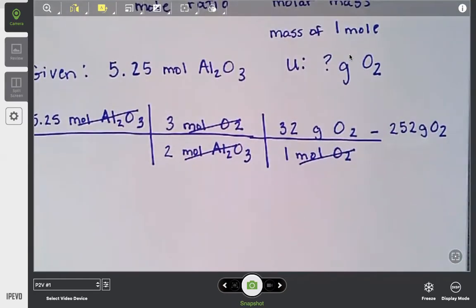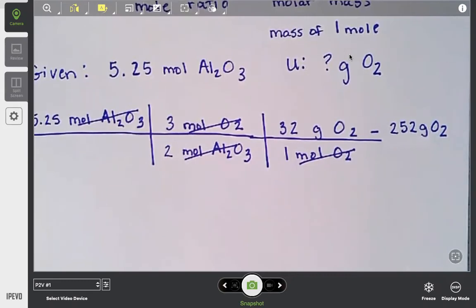All right, I got 252 grams of O2. What about you? Good job. Yes, you got it? Anybody else? Questions?